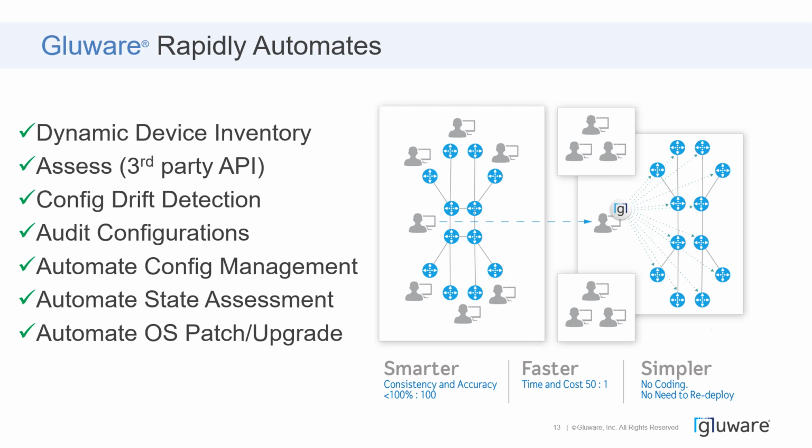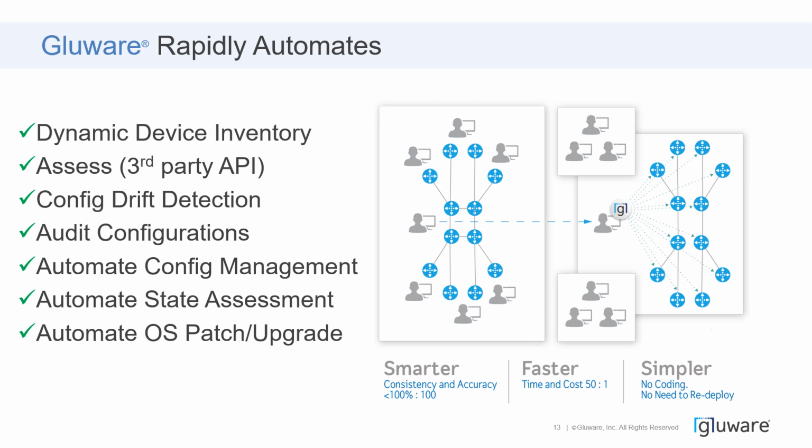So state assessment can be used pre and post change, as well as for troubleshooting purposes and many other use cases where you can automate operational procedure where today a user is likely executing a bunch of commands on the command line and manually looking at results and performing assessment.